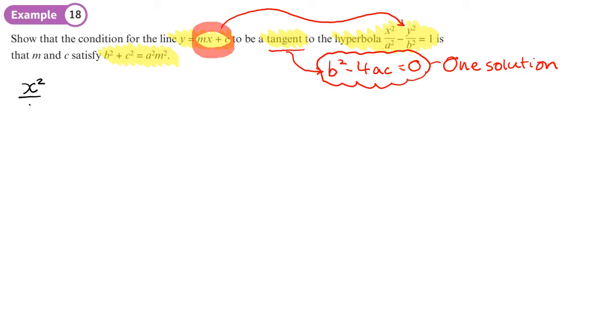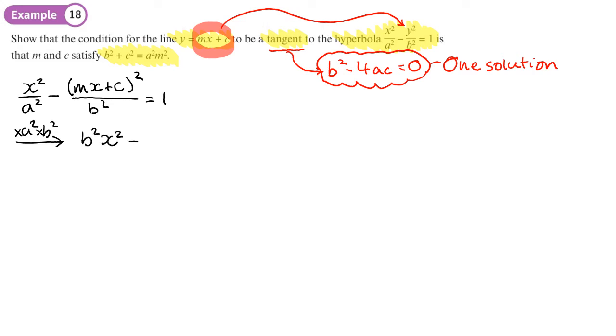So you've got x squared over a squared minus, replace the y with mx plus c, all squared over b squared equals 1, multiply both sides by a squared and b squared, so I'll have b squared x squared minus a squared mx plus c, all squared equals a squared b squared.